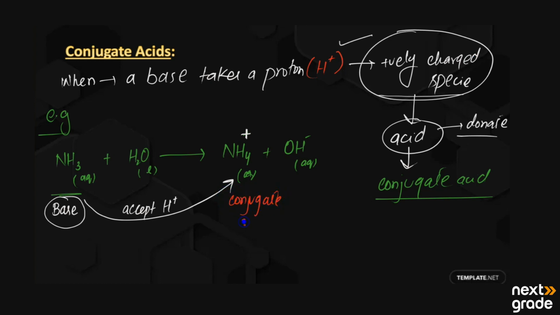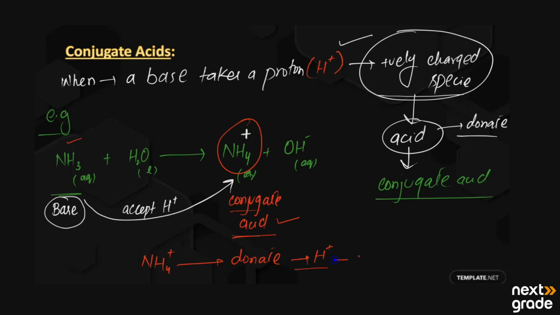Now this positively charged species is called the conjugate acid. I have already told that if we have a Lowry base, then it will produce a conjugate acid, and if we have an acid then it is going to produce a conjugate base. Now this conjugate acid, NH4 positive, has an extra proton and it can donate that proton.